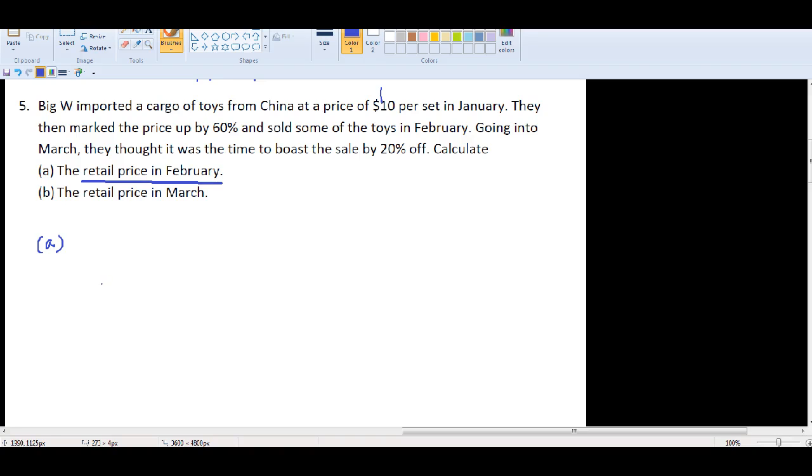Let's see how we can do it. The retail price here is in February. In February, they marked the price up by 60%.